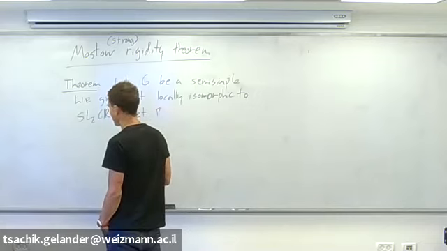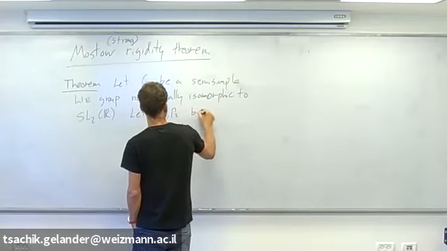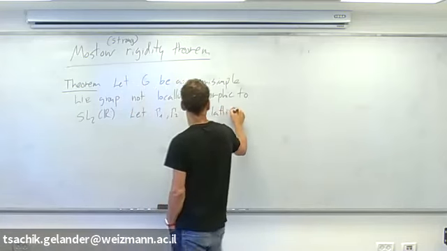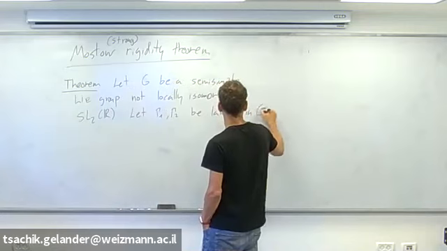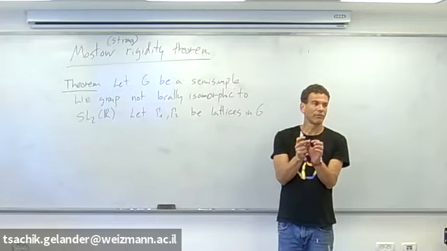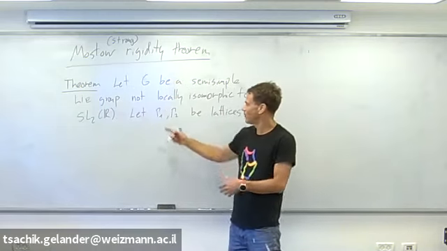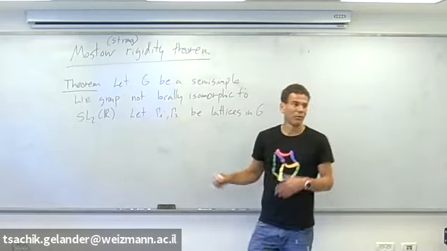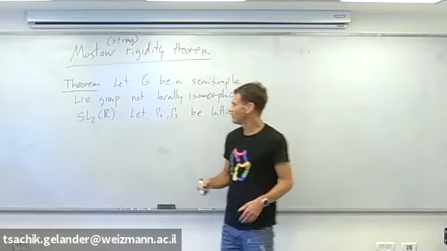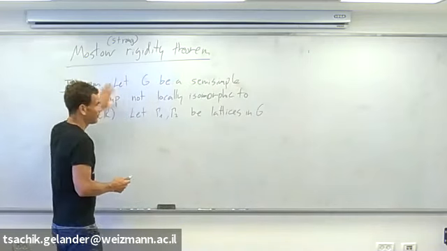Let gamma 1 and gamma 2 be lattices in G. Local rigidity says that if they are sufficiently close in some topology, so if there is a map from gamma 1 to gamma 2 which is close to the identity, then they are conjugate. And Mostow says that you don't need that.